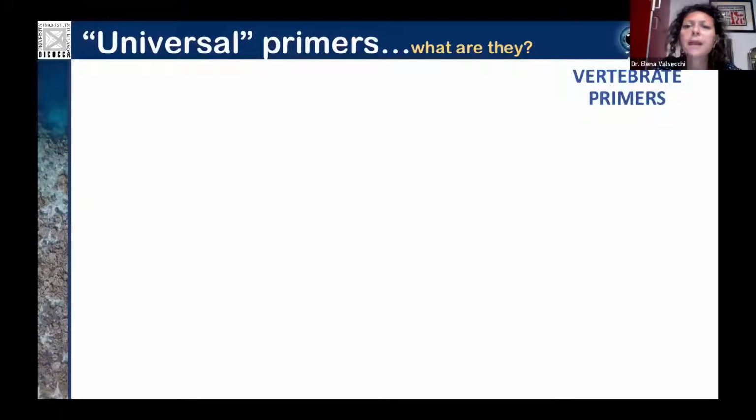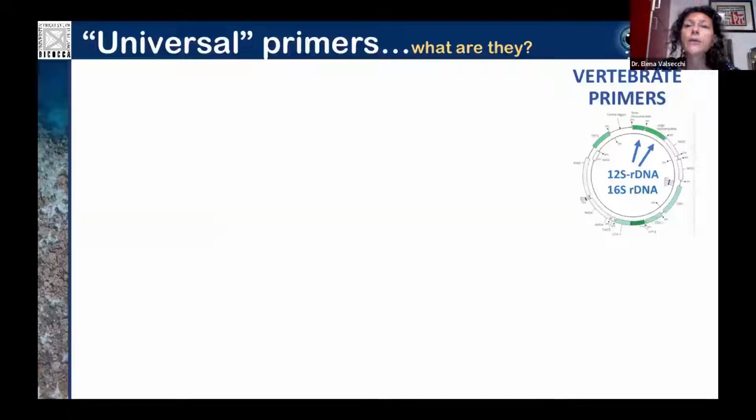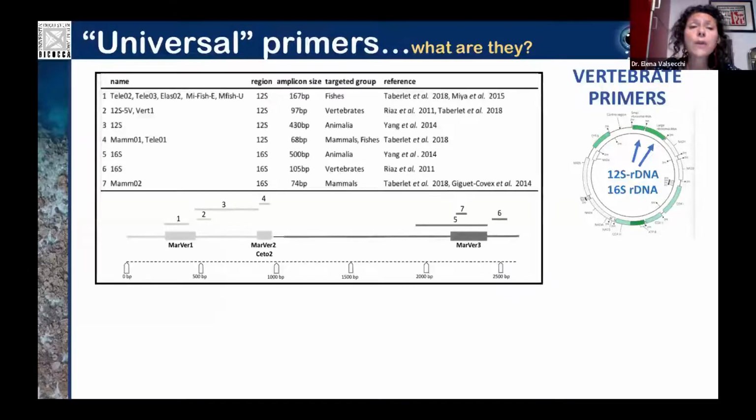So in our case, let's say vertebrates. For vertebrates, when we use these primers to analyze informative regions of the DNA, for instance for taxonomic purposes, the best loci seem to be the 12S and the 16S ribosomal DNA genes in the mitochondrial genome.